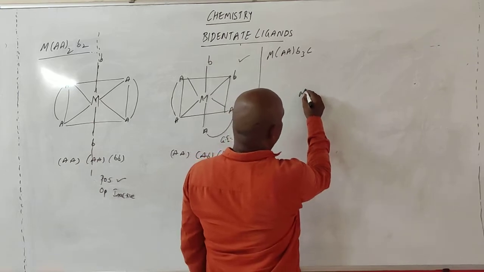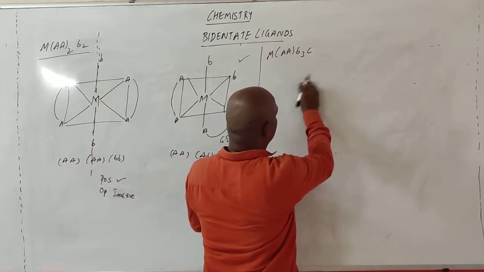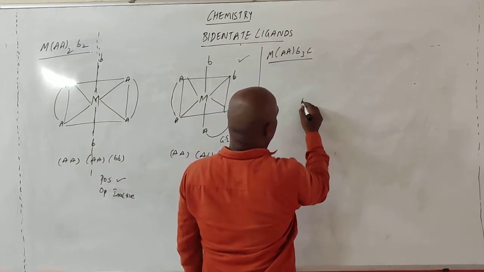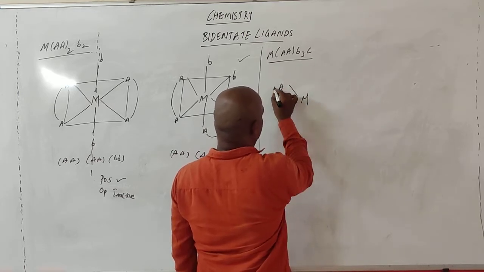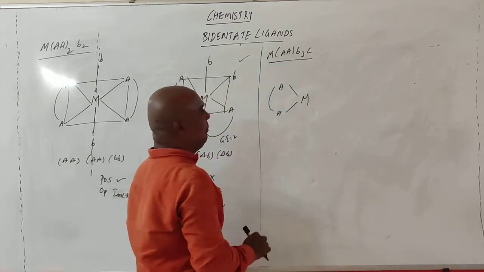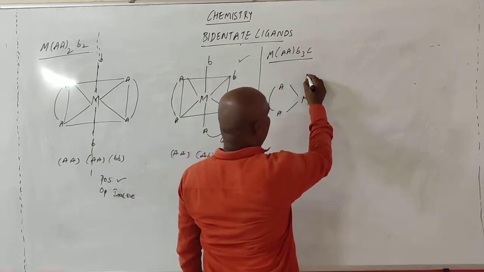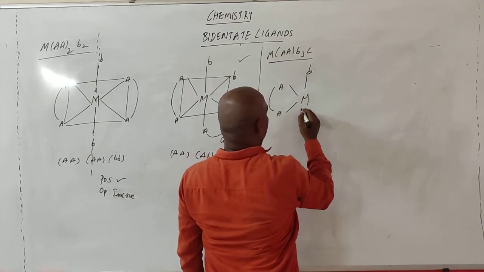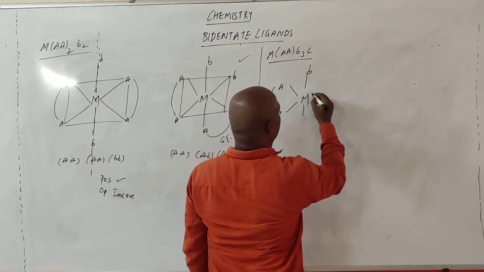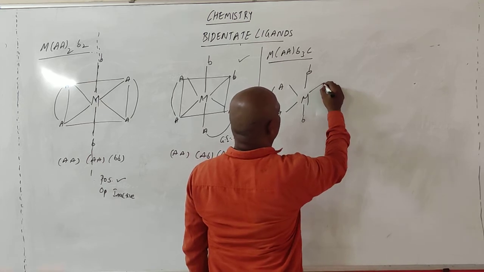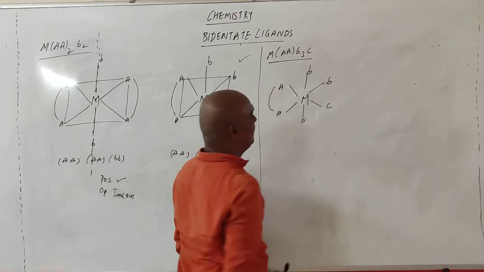So I am taking M as the central atom. I am taking AA. Then B. Okay, let me take all the other Bs here. B, this is B, and this is C.